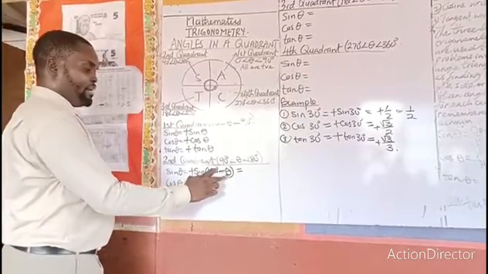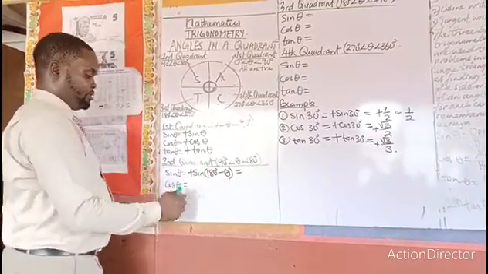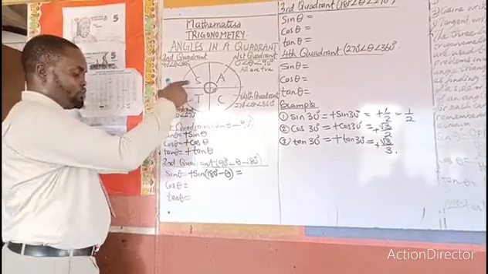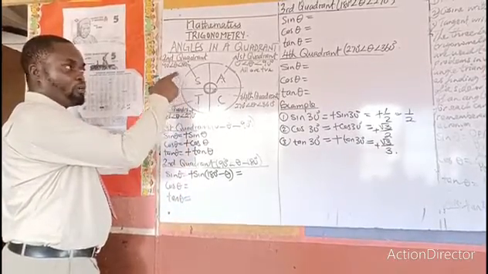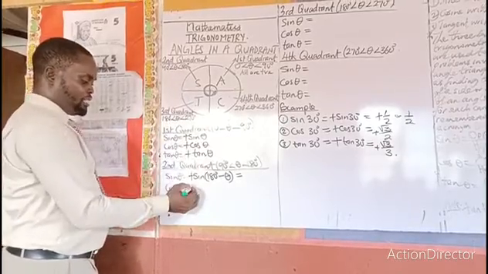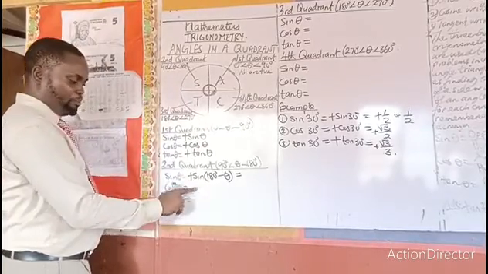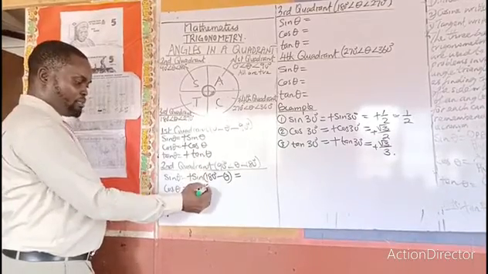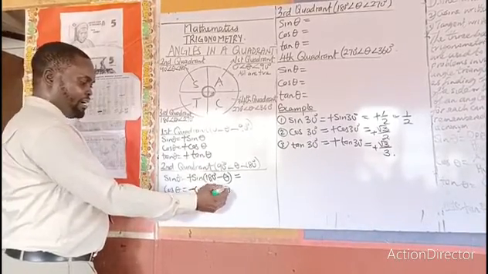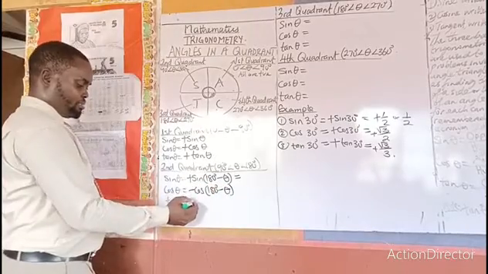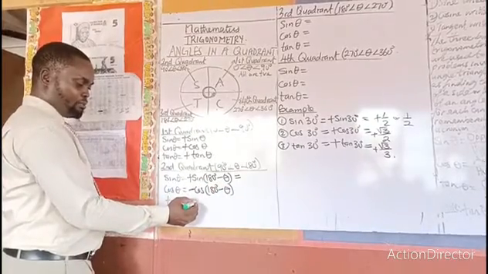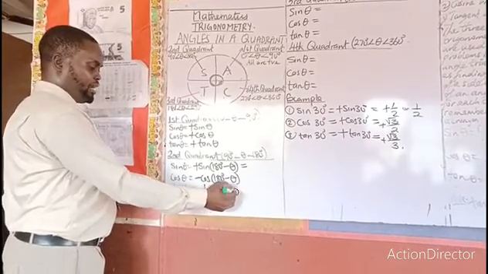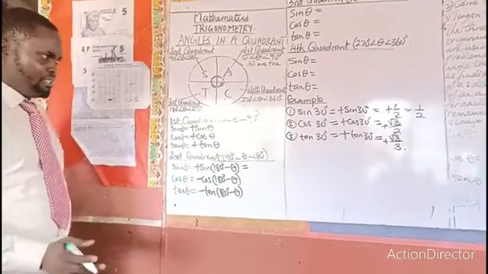Plus sine of 180 degrees minus theta. Remember, in that place we said only sine is positive. That means cos cannot be positive. Cos should be what? Minus. So minus cos, we do the same thing: 180 degrees minus theta. Tan will be what? Plus or minus? Minus tan of 180 degrees minus theta.